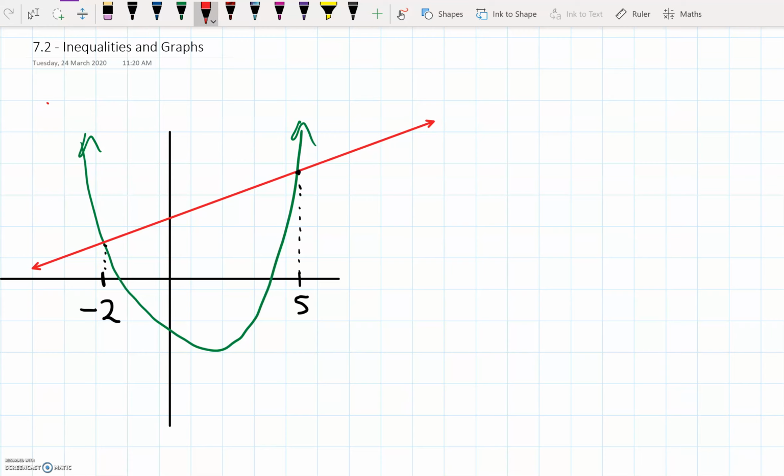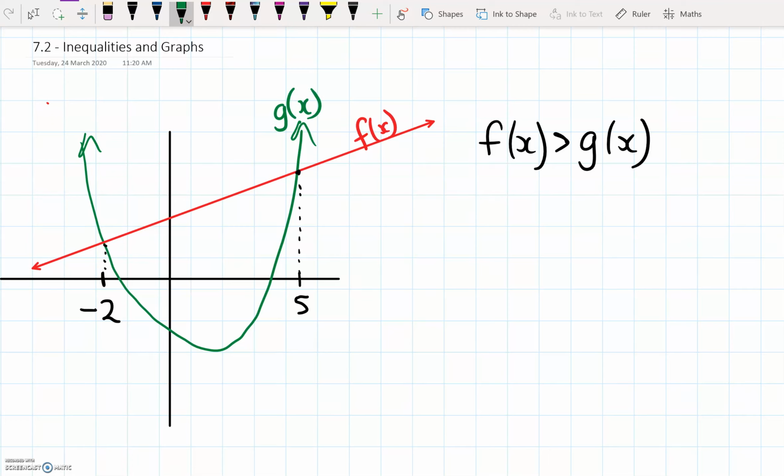Now, when we look at inequalities graphically, we will usually get some sort of situation at the beginning. So the question will say something like f of x is greater than g of x. In this case, f of x can be red and g of x can be green.